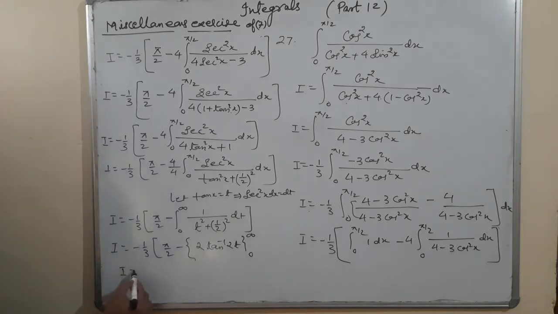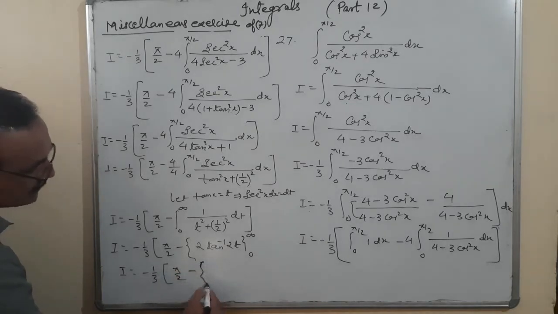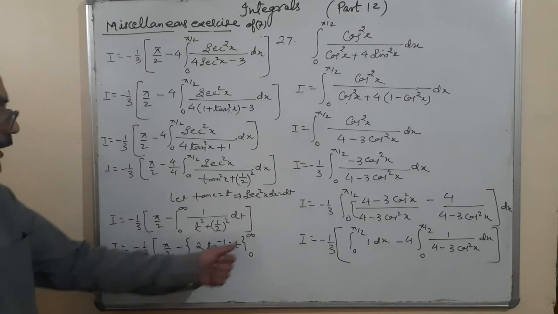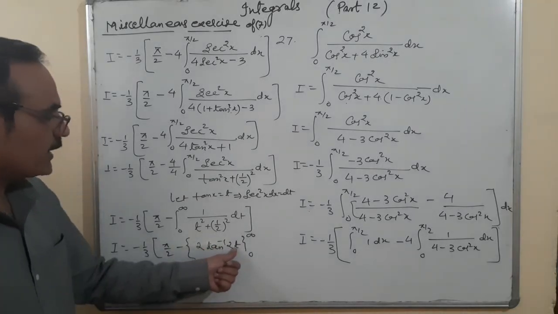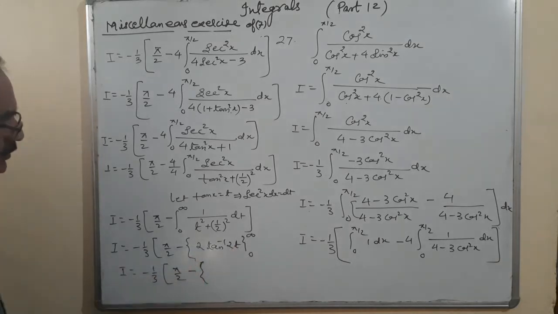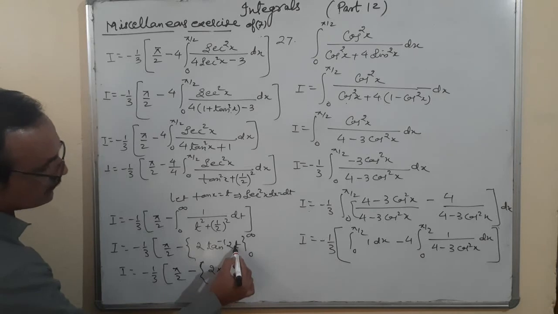I is equal to minus 1 by 3, it is pi by 2 minus, I'll put the limit. First, I want to put here infinite. Tan inverse infinite multiplied by 2, it is infinite. Tan inverse infinite, that means this is pi by 2. So 2 into pi by 2 minus tan inverse 0, that is 0.